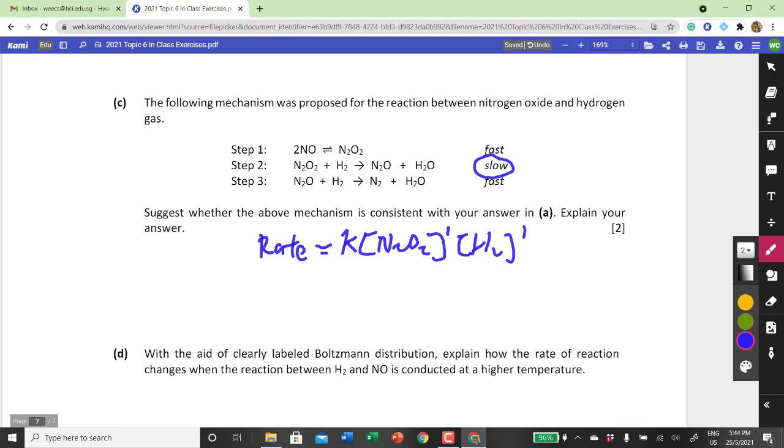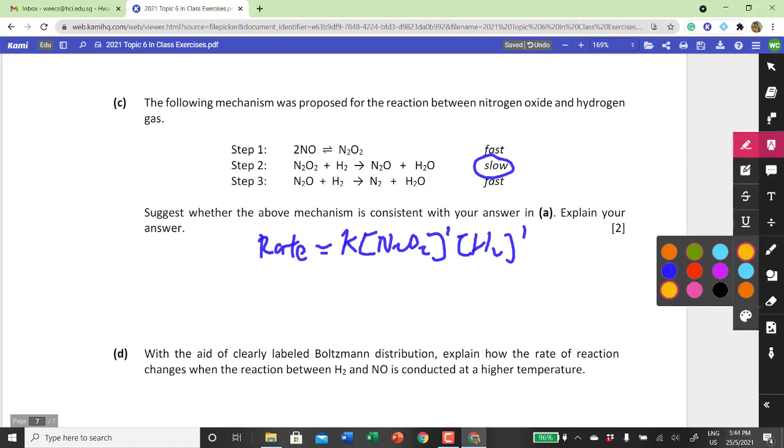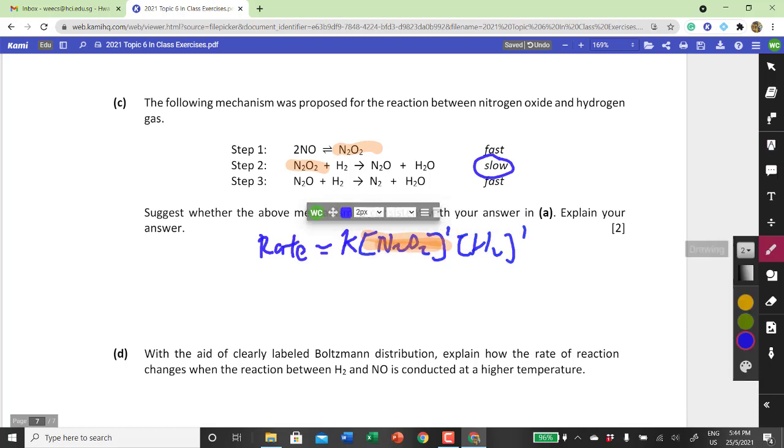However, you might take note that N2O2 is actually an intermediate. Being an intermediate, it should not appear in the rate equation at all. So we have to restructure our equation a little bit. We take note that the first step is actually a fast equilibrium.